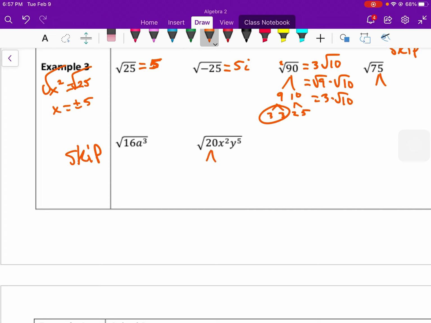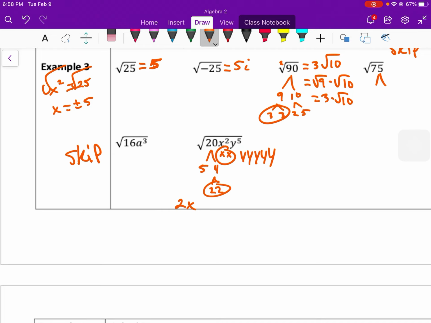So now in this case, we have the factors here for the square root of 20x squared times y to the 5th. So 20 is, we could do 5 times 4, which we can break 4 into 2 times 2. So there's a factor of 2. X is x times x, so there's a factor of x, and then y to the 5th is y times y times y times y times y.